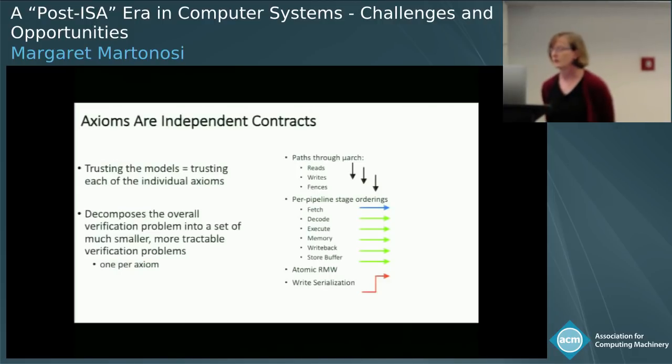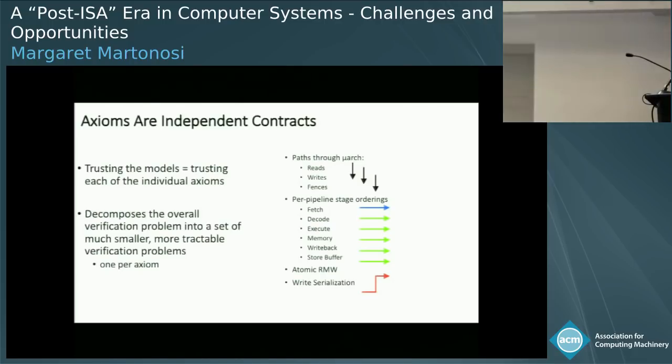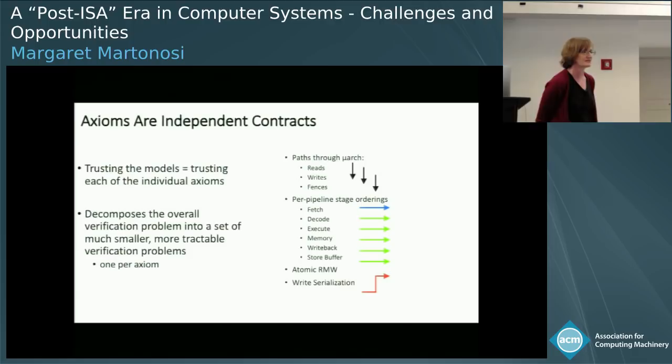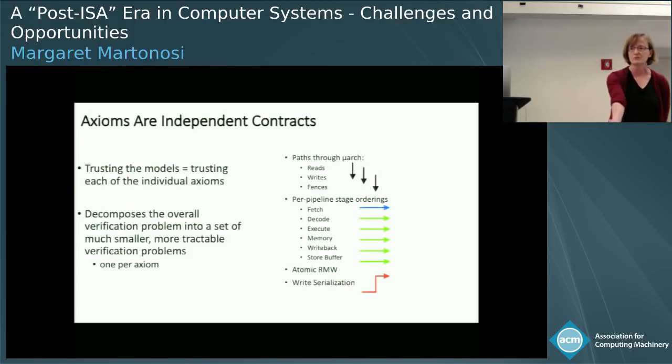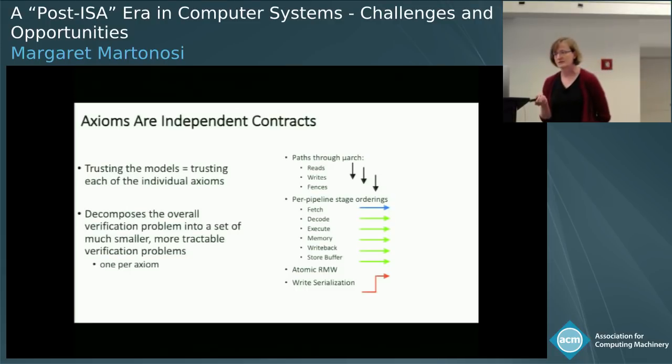So one of the nice attributes of this approach is that the axioms are independent contracts. So we can essentially trust the overall model by trusting each of the axioms individually. And if we find a bug in the design, if we say, hey, here's a case where you're allowing something to be observable that shouldn't be, the designer can figure out what's the axiom that needs to be added, what's the design change that needs to be imposed to create an edge in that case.